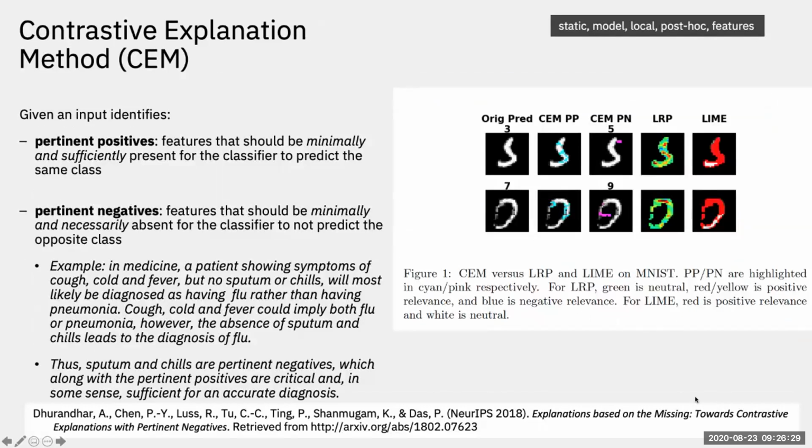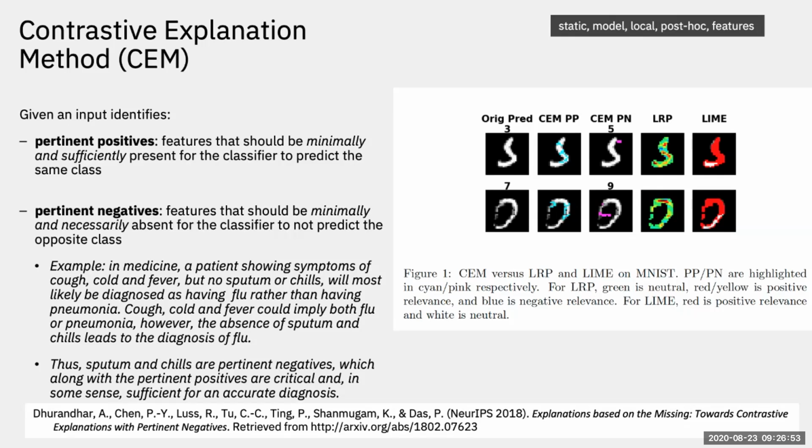In this figure, we are describing the contrastive explanation method, CEM, in detail. There are two terms that are very critical to understand this method. One is called pertinent positives, and the other is pertinent negatives.